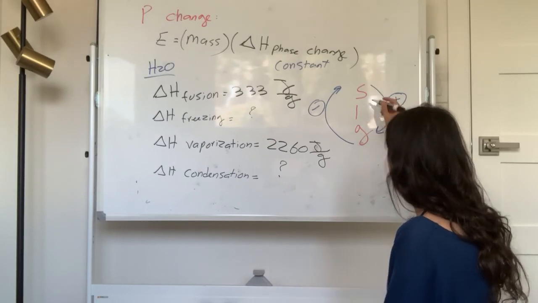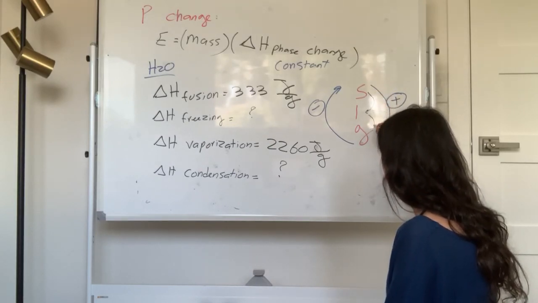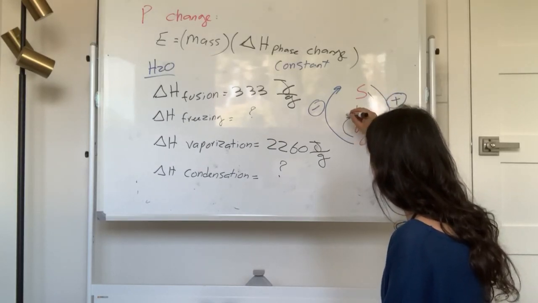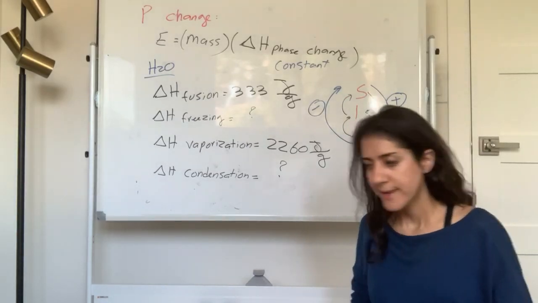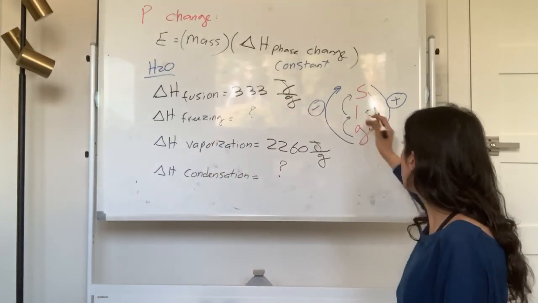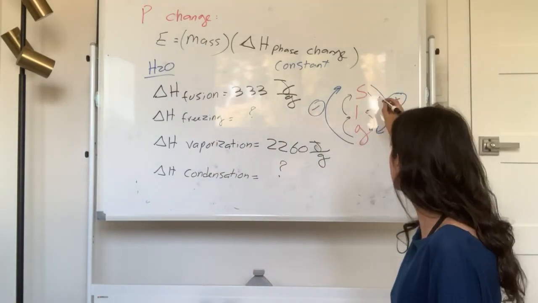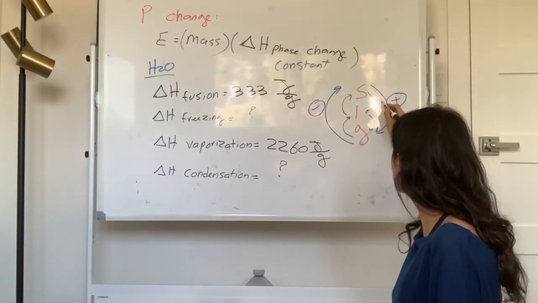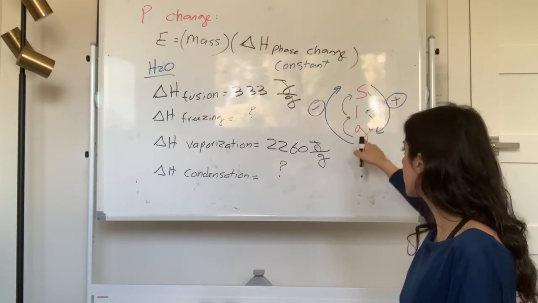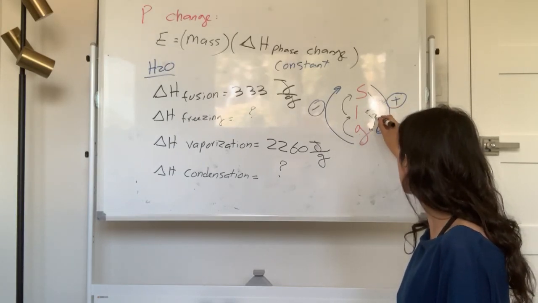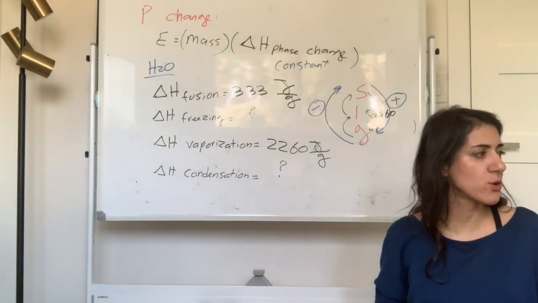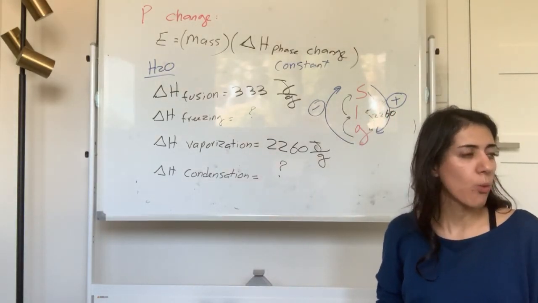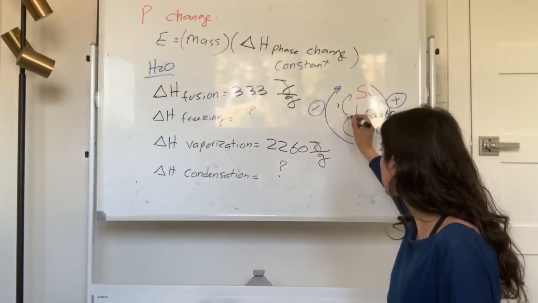Also, we can go from solid to liquid, liquid to gas, gas to liquid, and then liquid to solid. Now, I said for fusion, when you go from solid to liquid, what is this number? 333. And for here, for vaporization, this number is 2260. I did not give you for freezing and condensation. Why didn't I give it to you, these numbers?